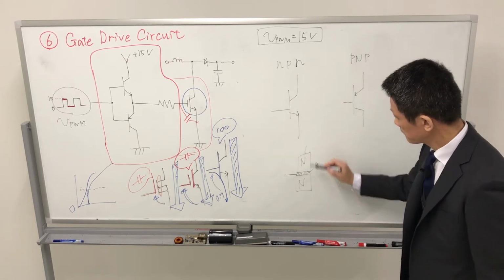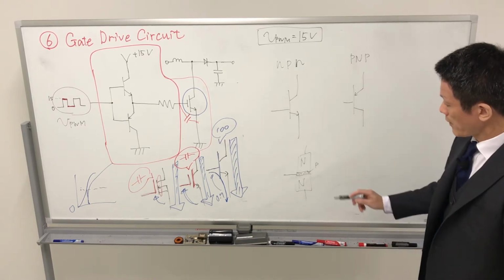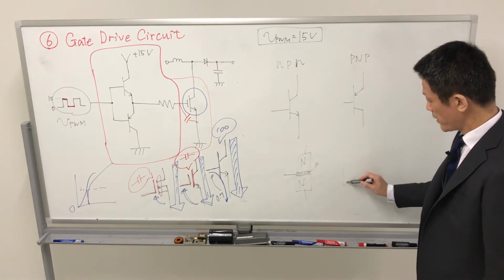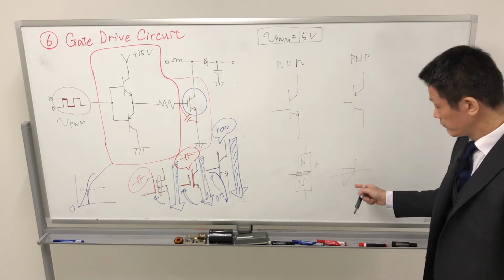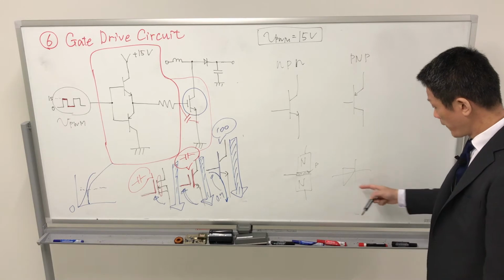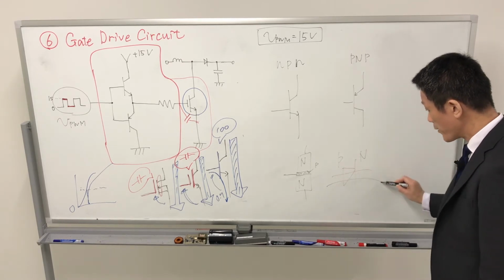PN means that we look at the diode. A diode can flow current from the P side to the N side.